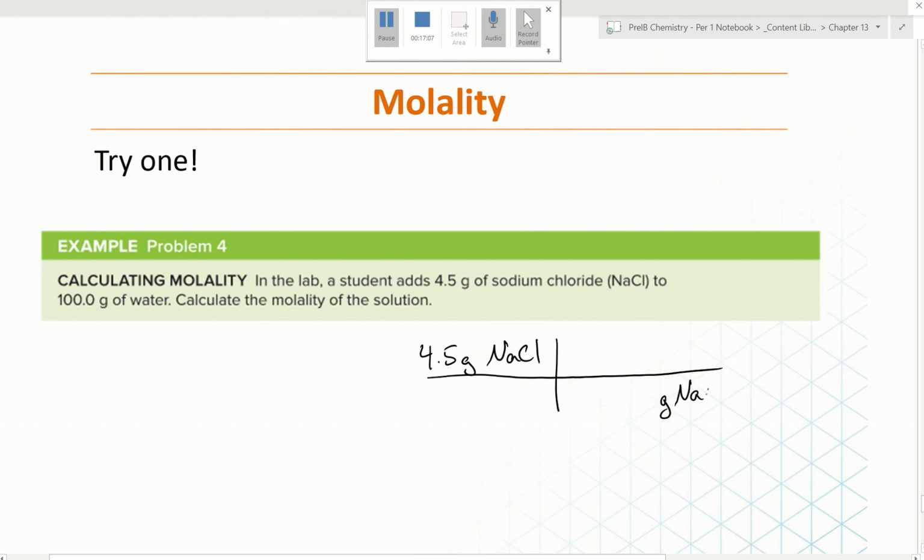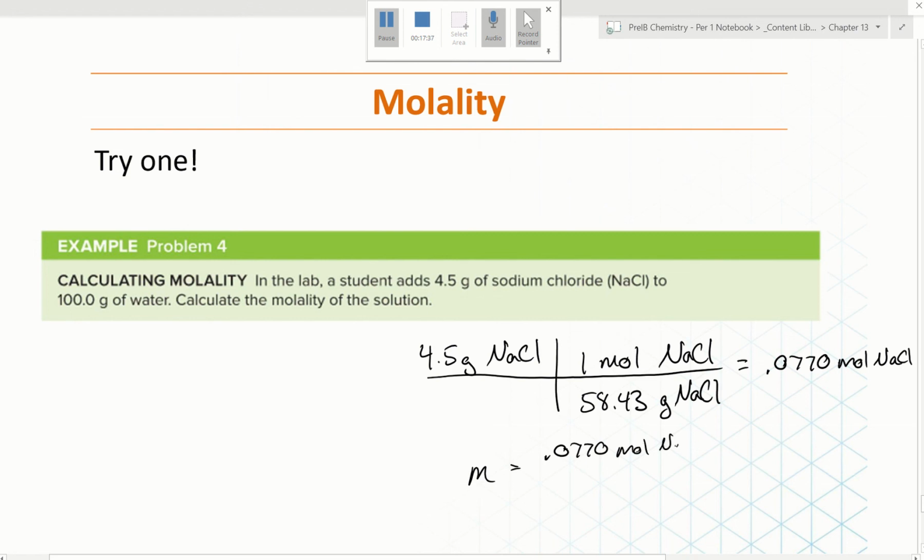So I need the grams of NaCl from the periodic table, which is going to be equal to 1 mole of NaCl, and that's 58.43 grams, which gives me 0.0770 moles of NaCl. And so to calculate the molality, I need 0.0770 moles of NaCl over the kilograms of H2O, which is the solvent.